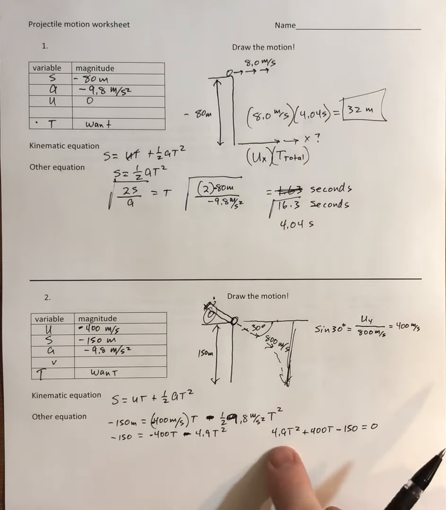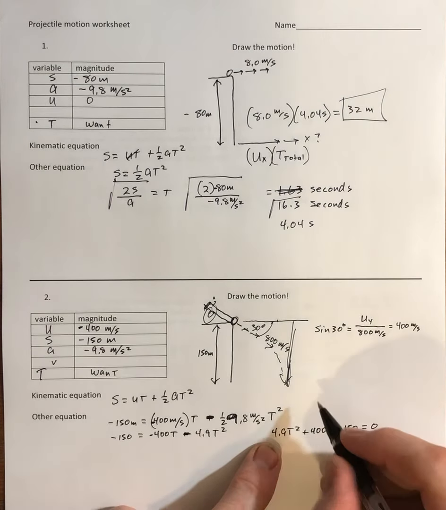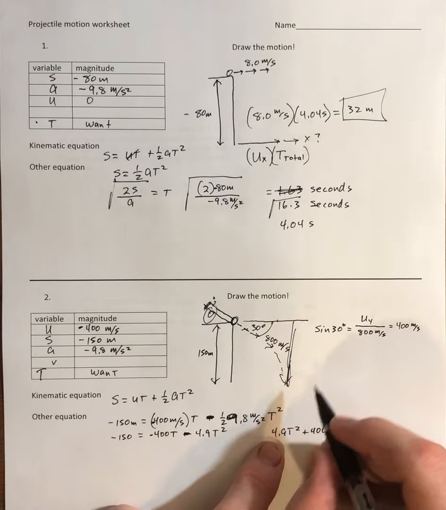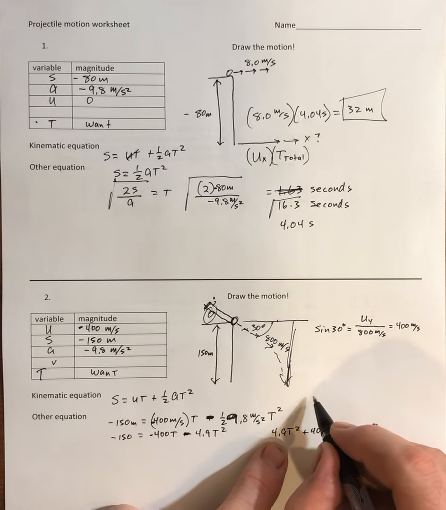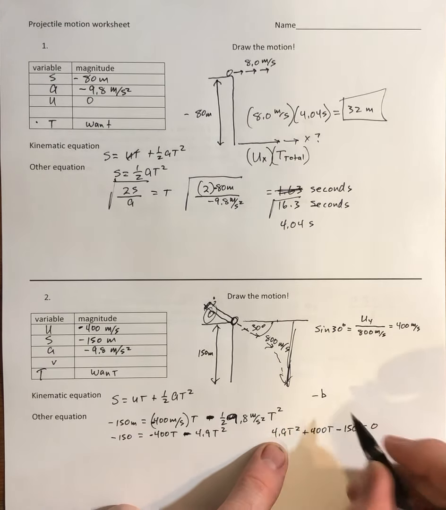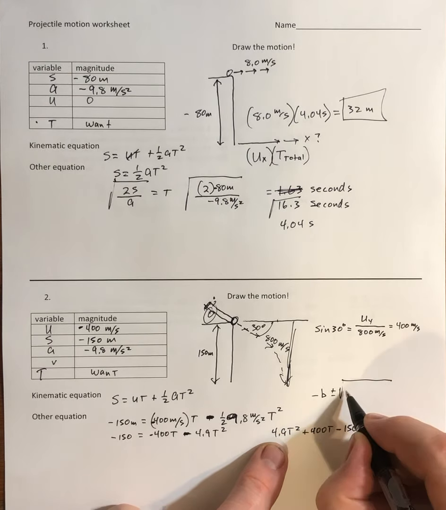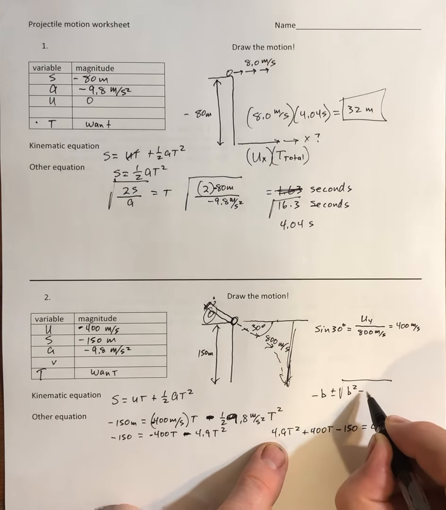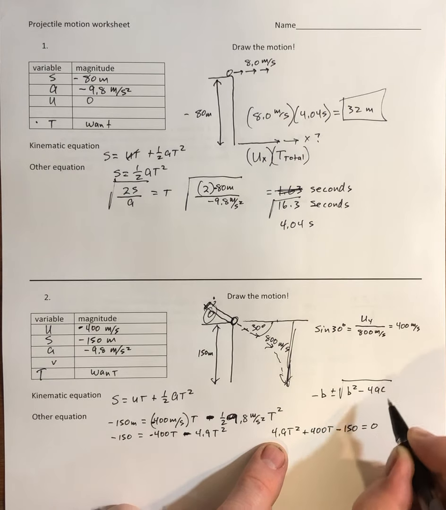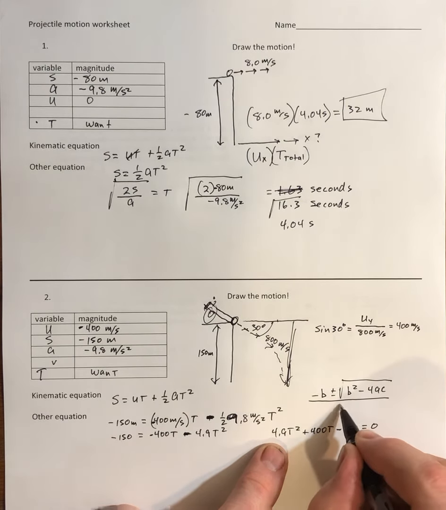So that's a pretty normal quadratic equation. I don't think I'm going to sit here and solve the quadratic equation, but just in case you do not understand how it works, we take negative b plus or minus the square root of b squared minus 4ac, all divided by 2a.